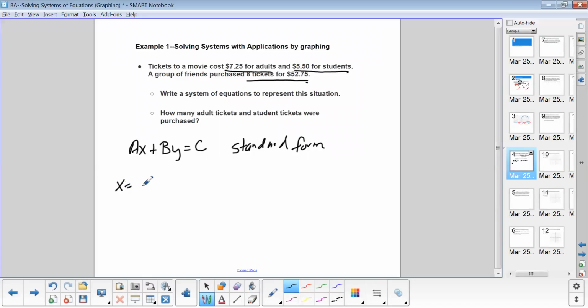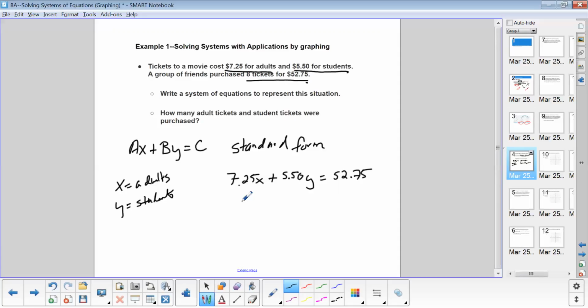We're going to say that X would be the adults and Y would be our students. And we do have some totals here. So this first one we would say, well, it's $7.25 for each adult, and if we add $5.50 per student, that would cost a total that we know, which is $52.75.